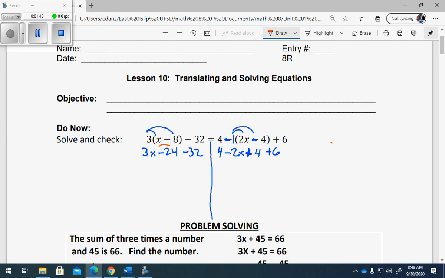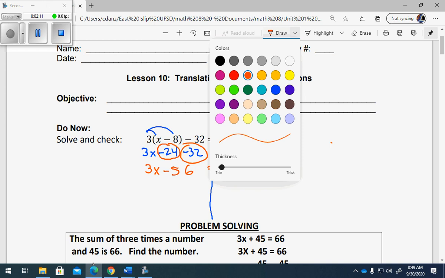So this -24 can combine with the -32, so we have 3x minus 56. Only 2 things on the side. That's nice. And then over here, I can combine the 4 with the 6. So I'll write down -2x plus 14. Again, just 2 things on the side. That's so much nicer.